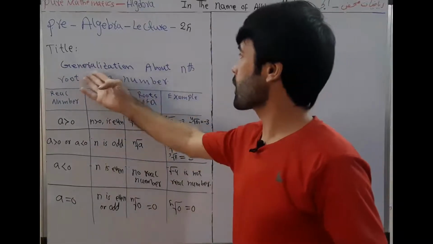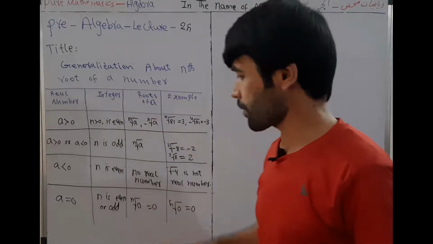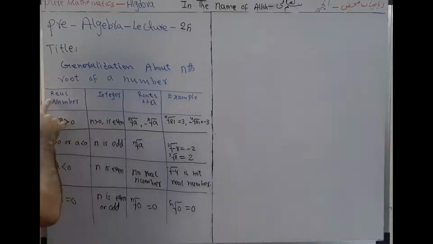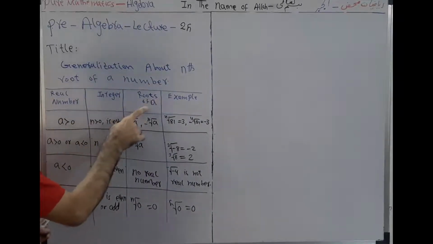The title of this lecture is Generalization about n-th root of a number. Here is some rule. We want to explain the real number, integer roots of a.